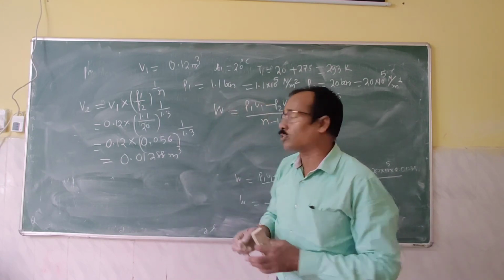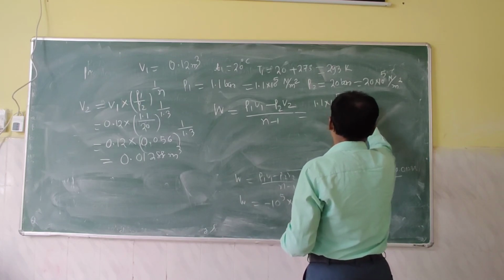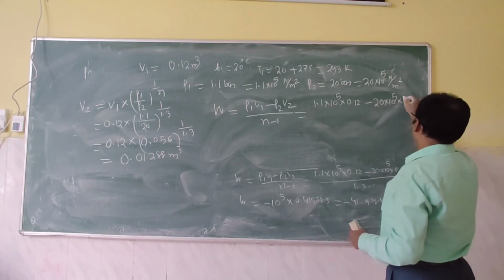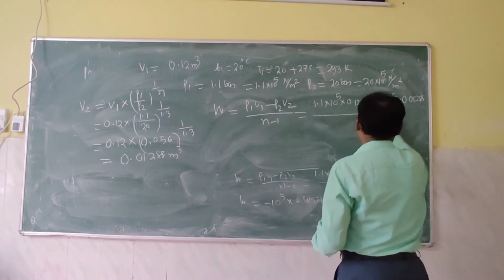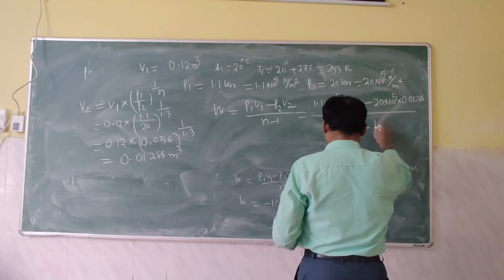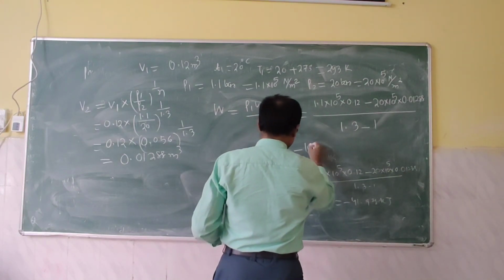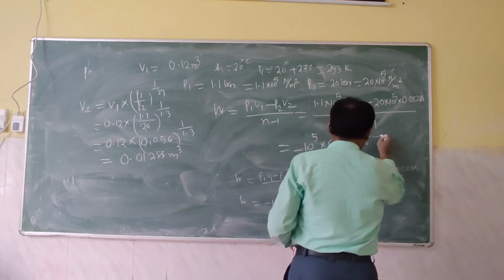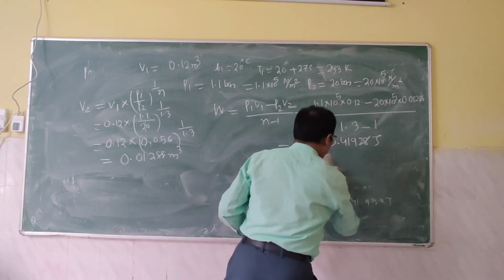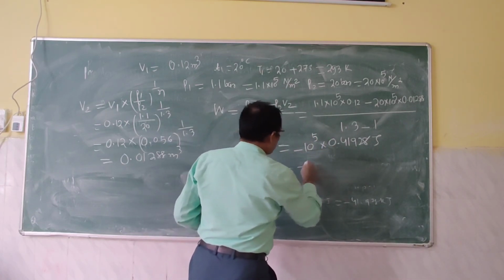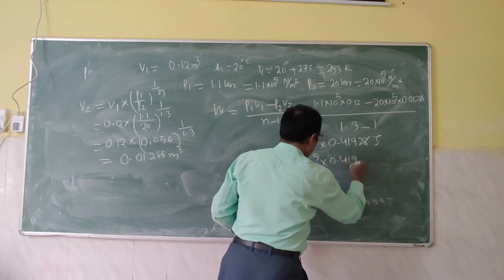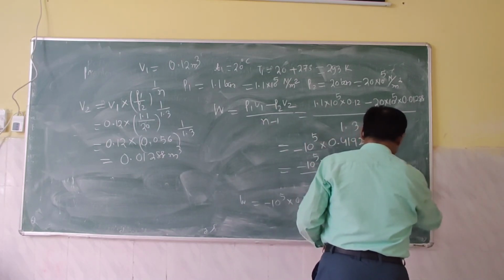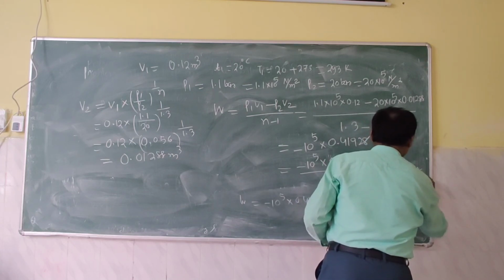Therefore, 1.1 into 10 to the 5 into initial volume 0.12 minus final pressure 20 into 10 to the 5 into final volume 0.01288, divided by 1.3 minus 1, is equal to minus 10 to the 5 into 0.41928 joule, or minus 10 to the 5 into 0.41928 divided by 1000 is equal to minus 41.928 kilojoule.